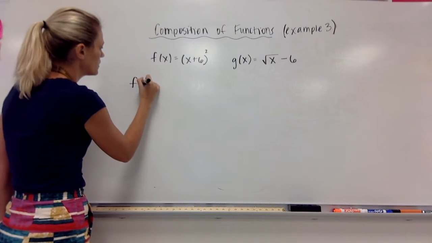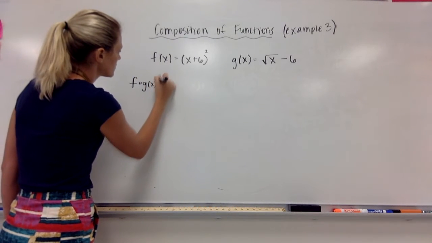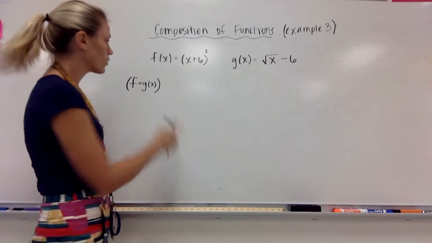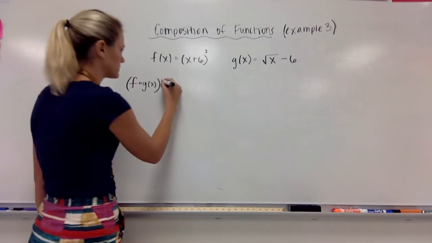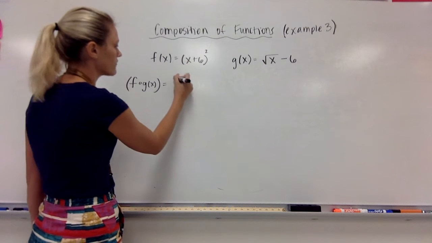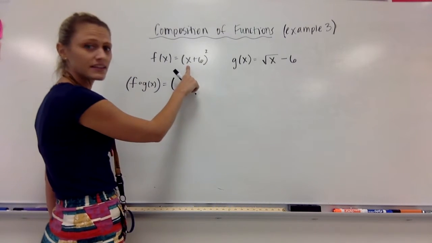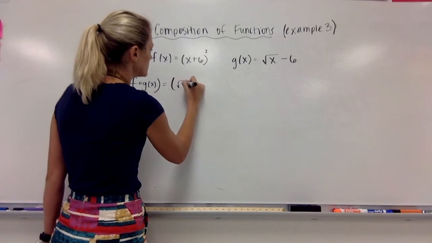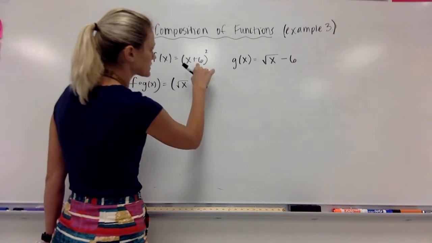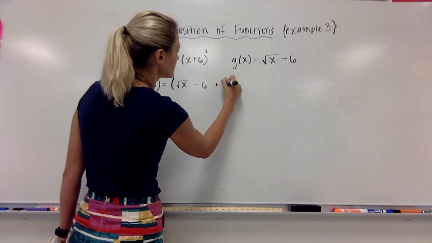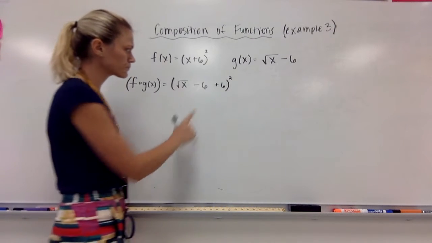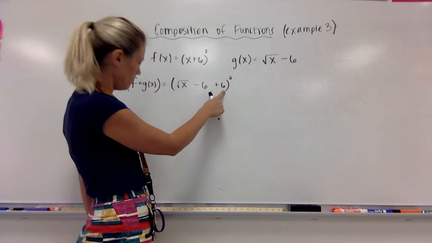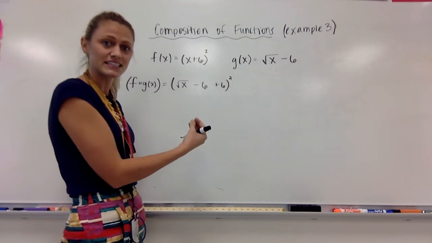Okay, so f of g of x, or if we put g of x inside f of x, let's see what happens. My f of x function, in parentheses, instead of the x, I'm going to put square root of x minus 6. I bring down that plus 6, and I'll square it. Minus 6 plus 6 is 0.